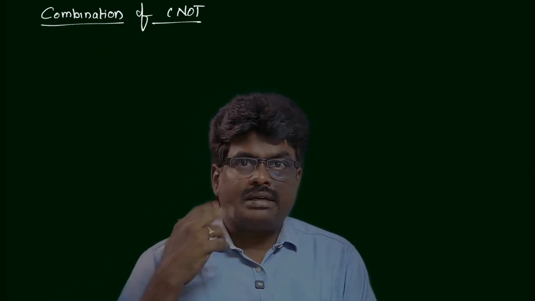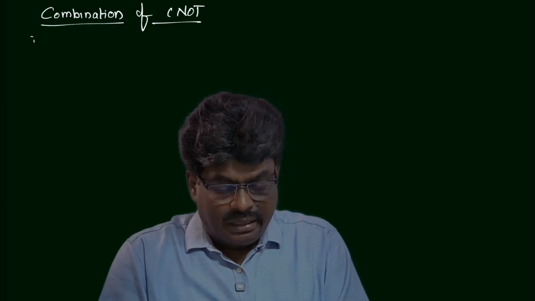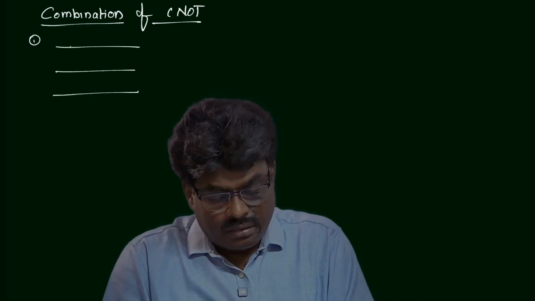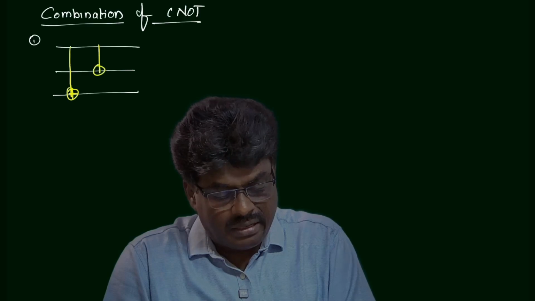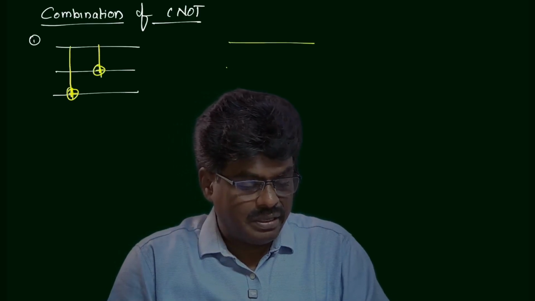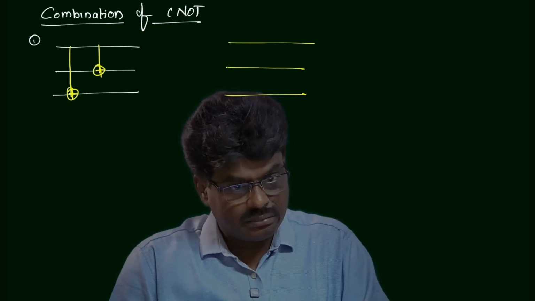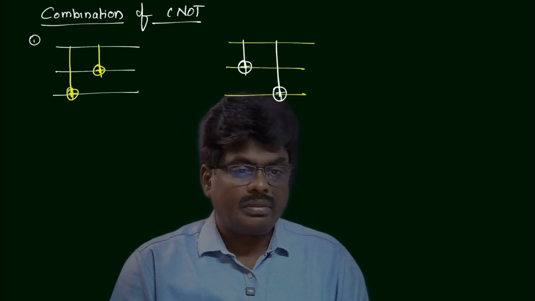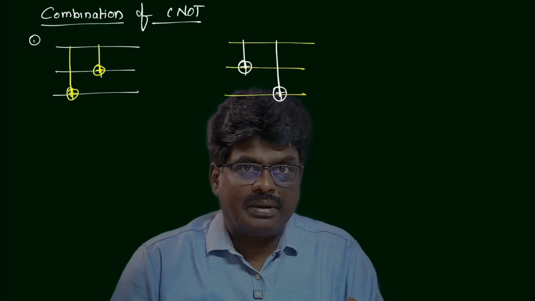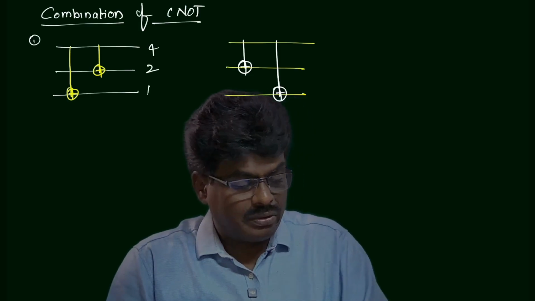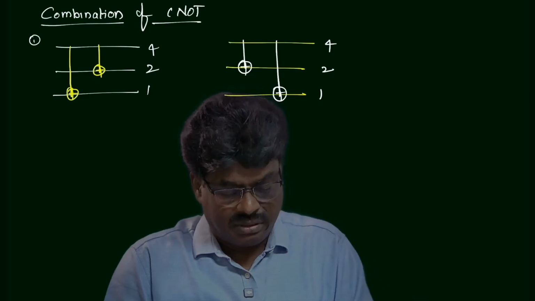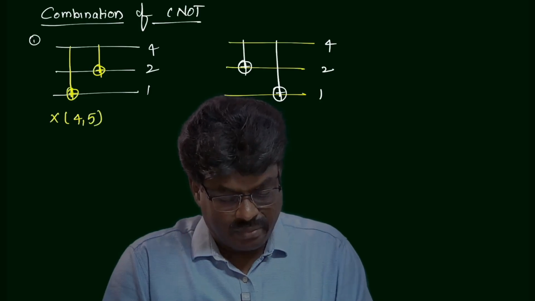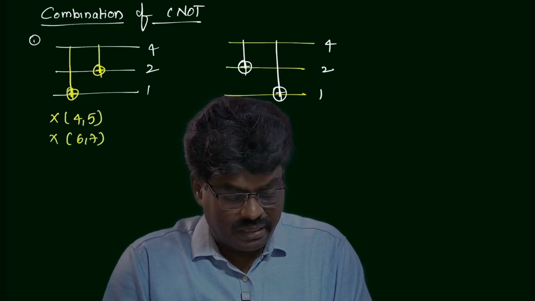So now let us take a combination of CNOT gates, and here first one I have taken 3 qubits, and first CNOT and the second CNOT. Here I am taking again 3 qubits. This time this is CNOT, and here another CNOT. Okay, let us check whether they are equivalent or not. 1, 2, 4, 1, 2, 4. So this is the first CNOT, x of 4 comma 5, and 2 remaining, that's why 6 comma 7.